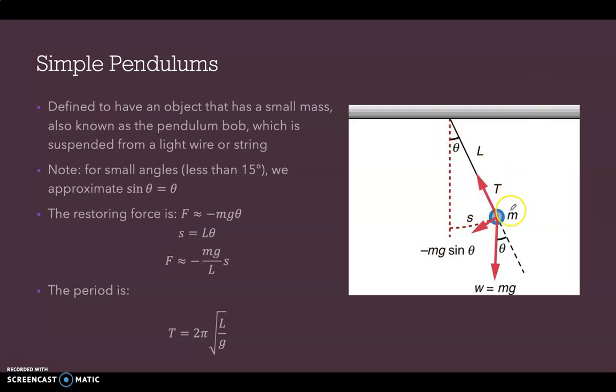But really you just want to know that it's some mass. If you think of a pendulum, this is what we're thinking of. If we let some mass go, it's going to swing over here, and then it'll swing back over here, and so forth. So again, it has that oscillatory motion.